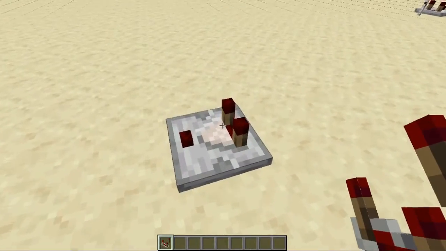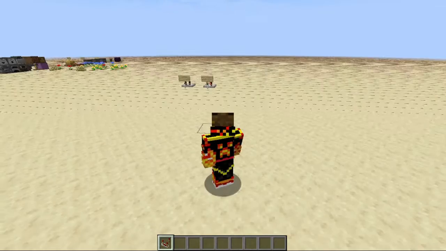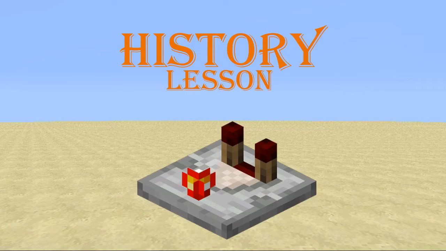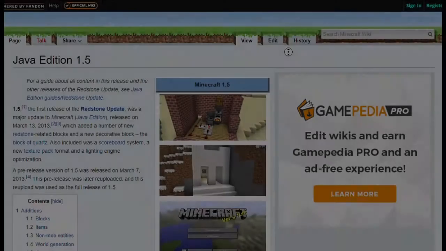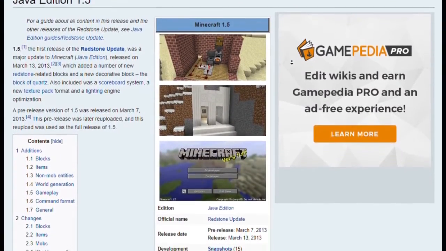First of all, let's start with the legendary and most famous history of the comparator. The comparator was added in the 1.5 update, also known as the redstone update.